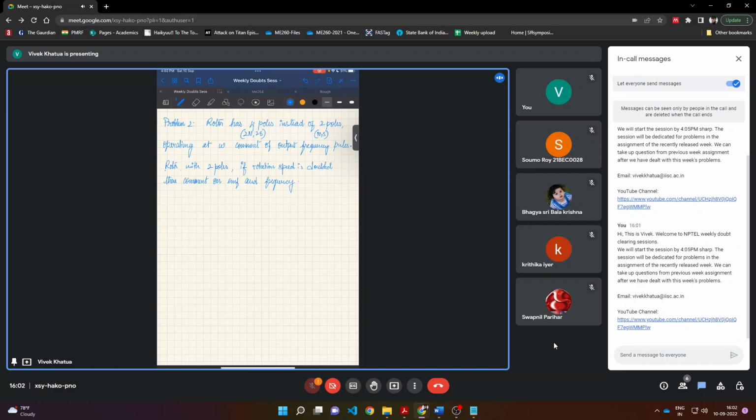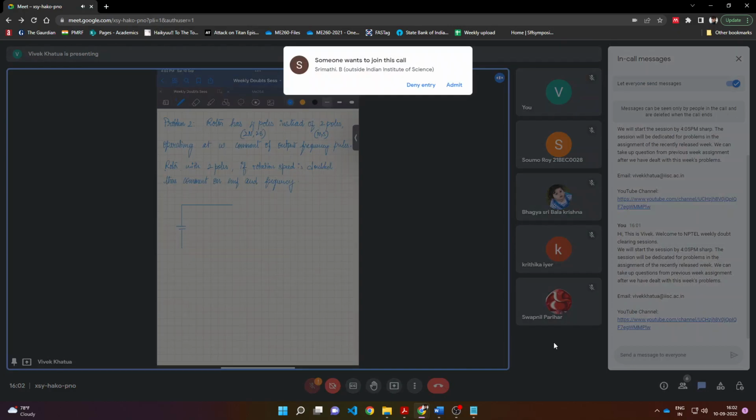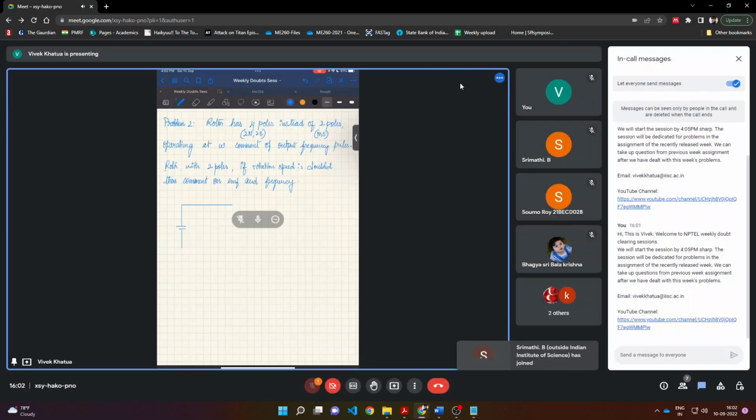Okay. So this week you would have seen a new type of circuit. You have an inverter, right? Let me draw the motor first.